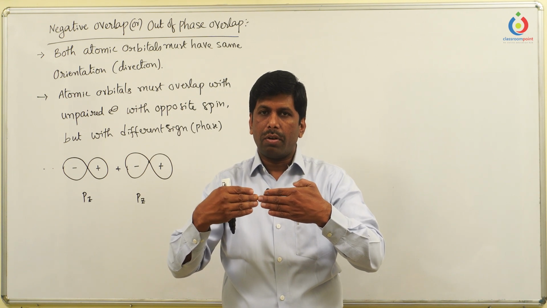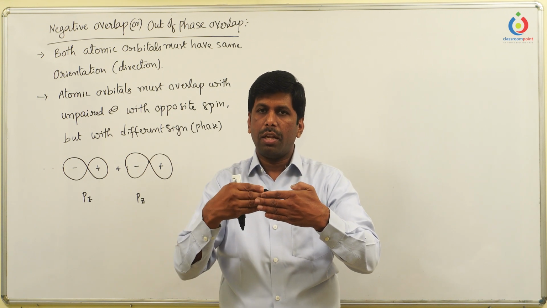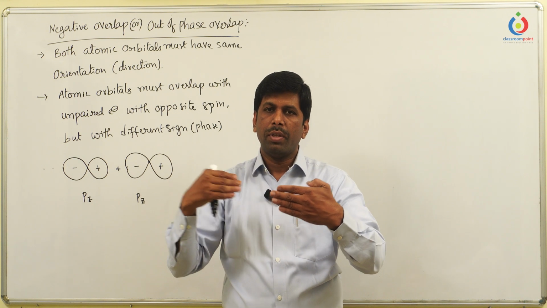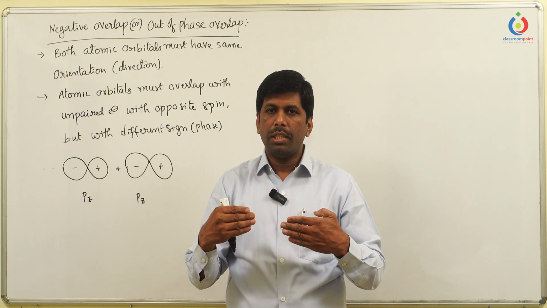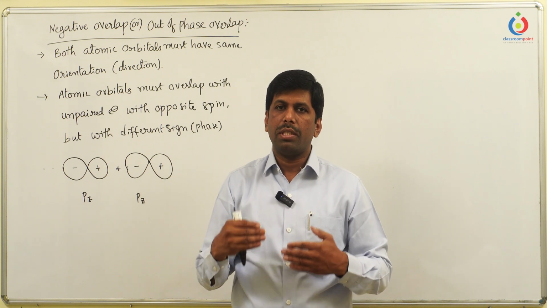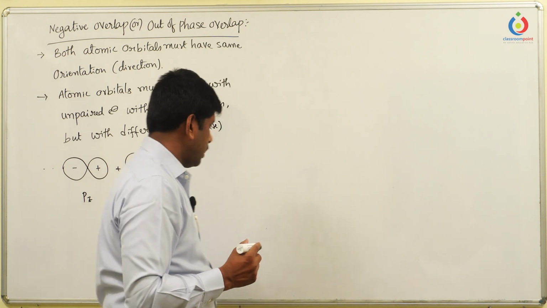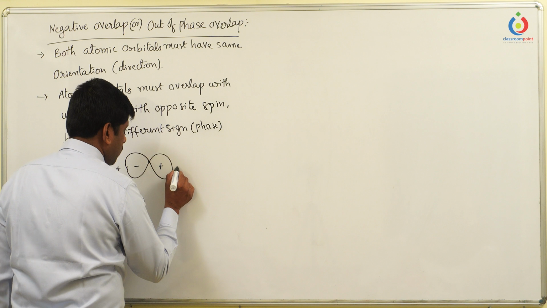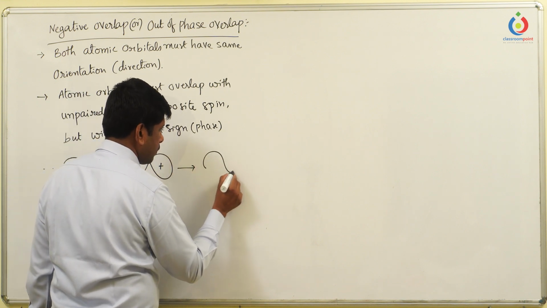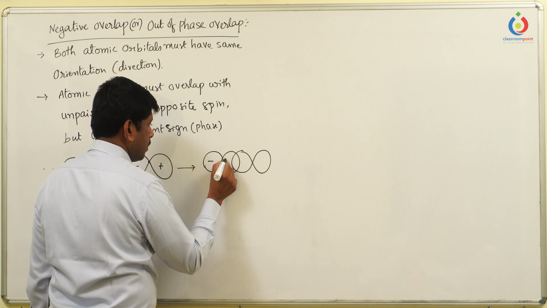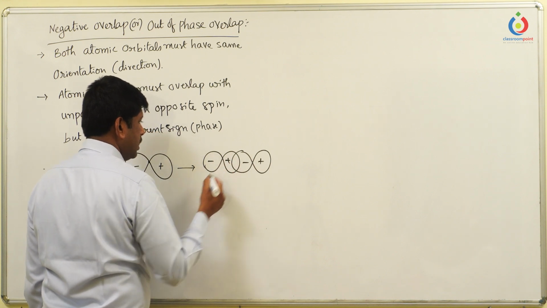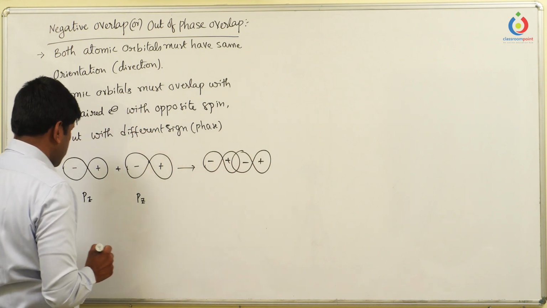In one orbital electrons are on the plus side, in the other orbital electrons are on the minus side, so that will not lead to bond formation. The reason is, for bond formation electron presence is compulsory. So this overlap is called the negative overlap.